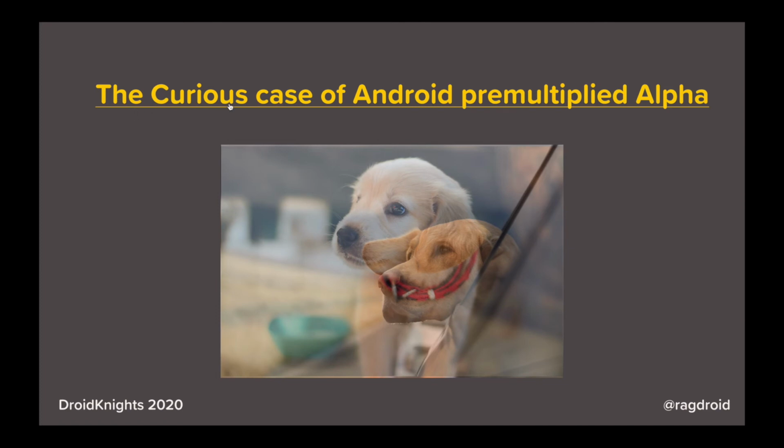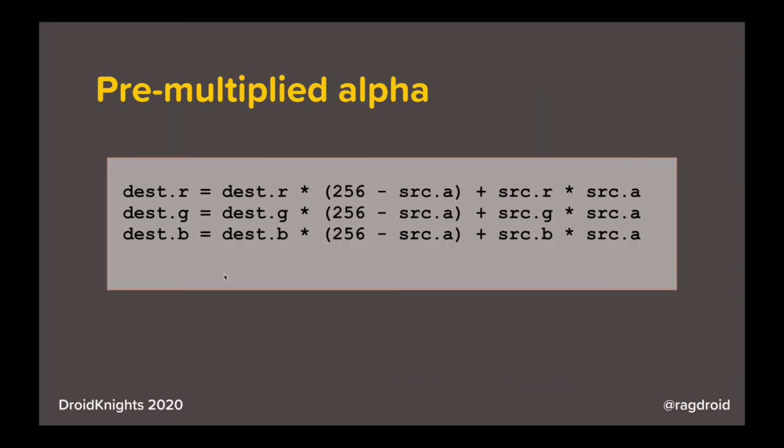This is a good blog called The Curious Case of Android Pre-Multiplied Alpha. It turns out when Android is dealing with transparent images, for example in this one there are two images, it will multiply our destination image with a value of 256 minus the alpha for source, and will add the source multiplied with alpha for source and 1 minus alpha for destination.